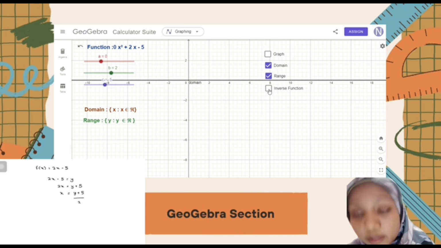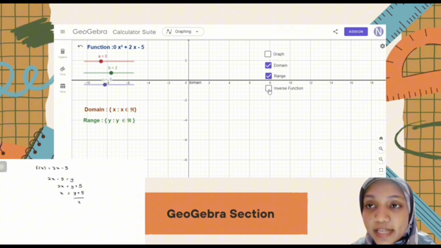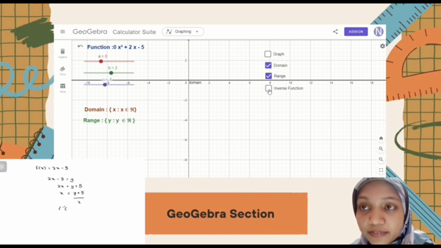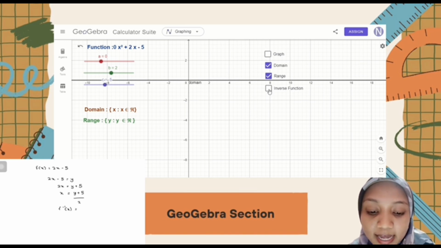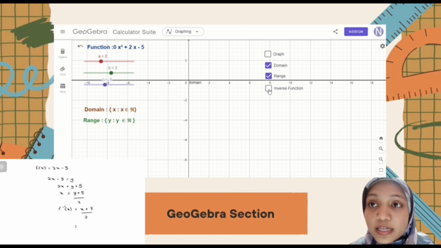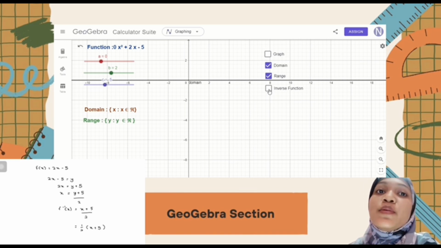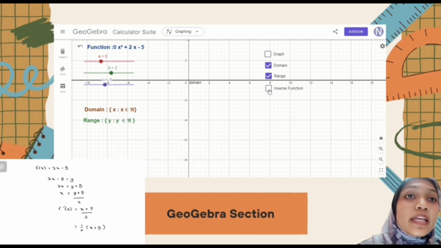So we change the y with x. F inverse of x equal to x plus 5 over 2. So we put 1 over 2 outside, so we get 1 over 2 times x plus 5. Same as our worksheet.